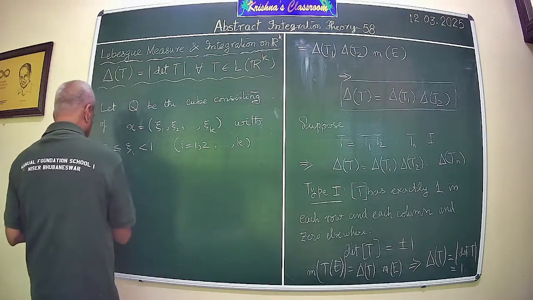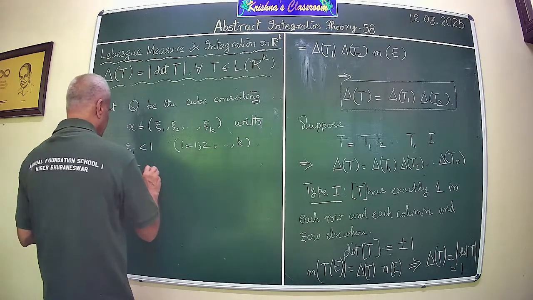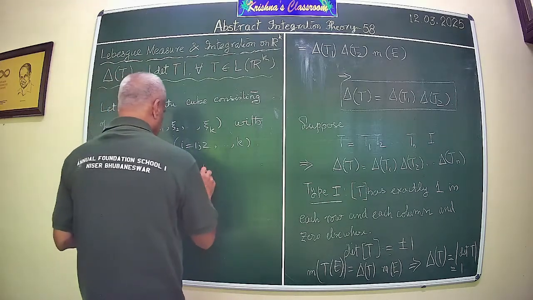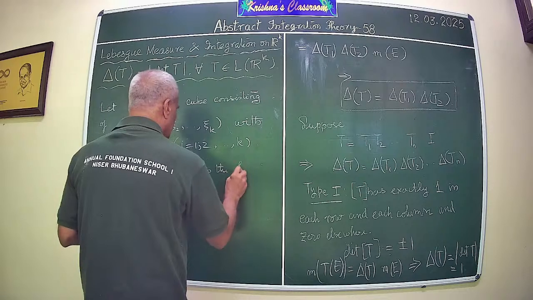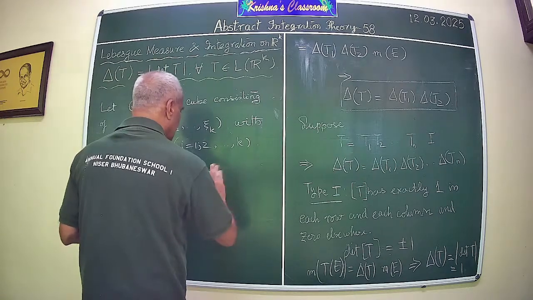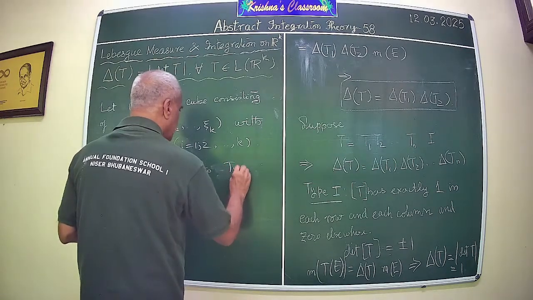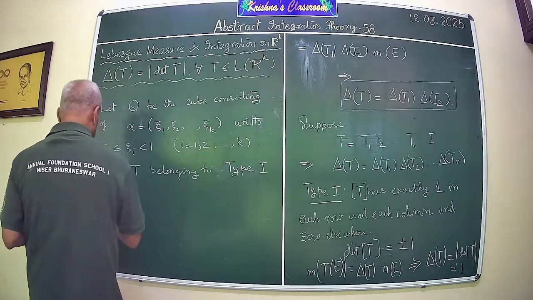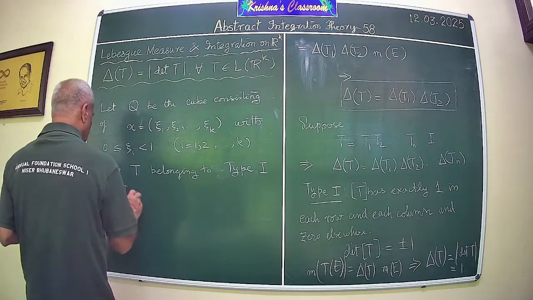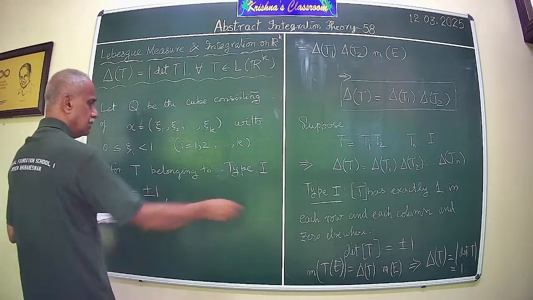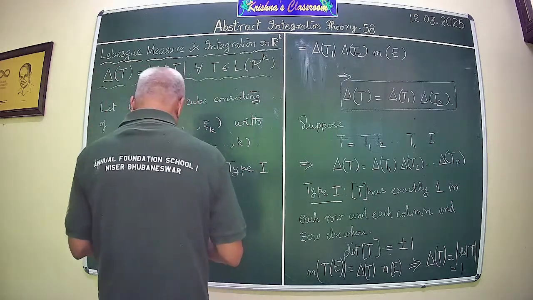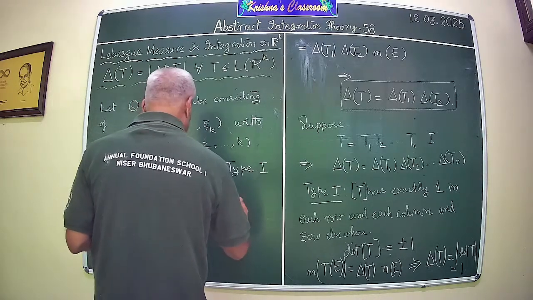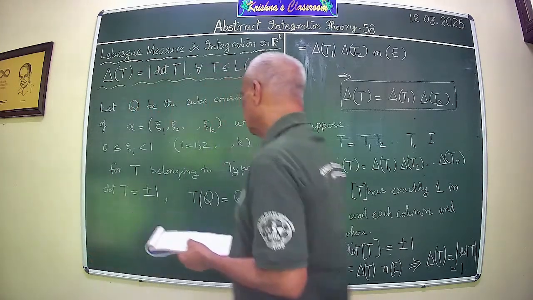Then for T belonging to the first type, type 1, we have determinant of T equal to plus or minus 1. That's what we have shown there. And you have TQ is essentially equal to Q. This is the crucial point.